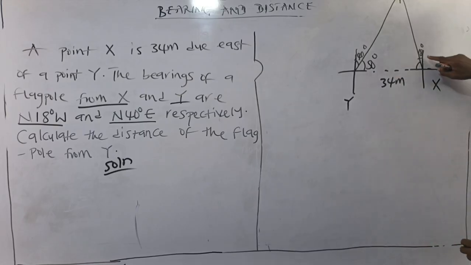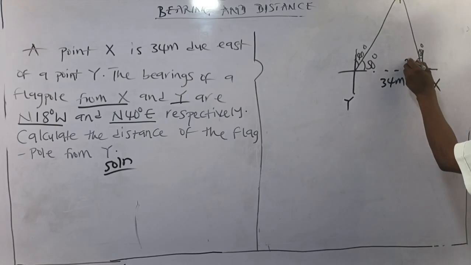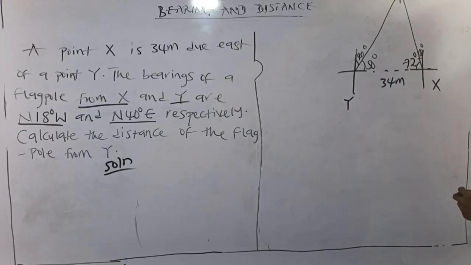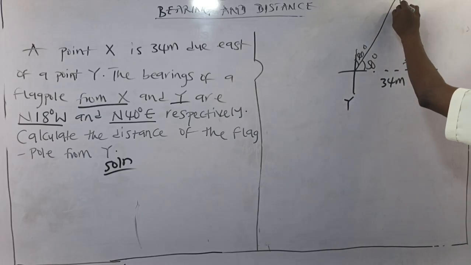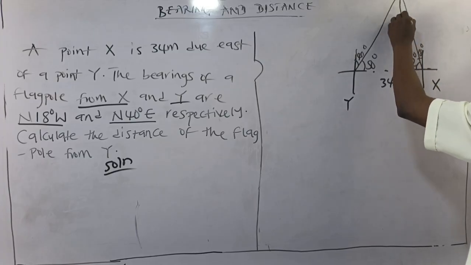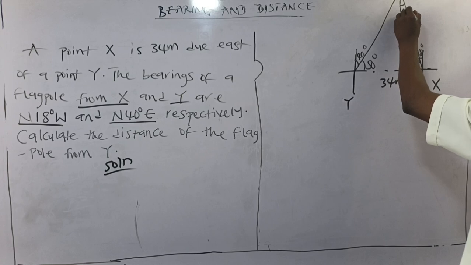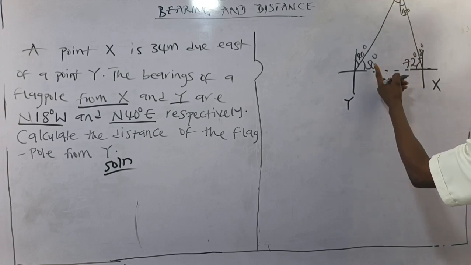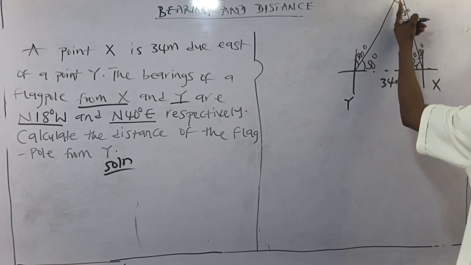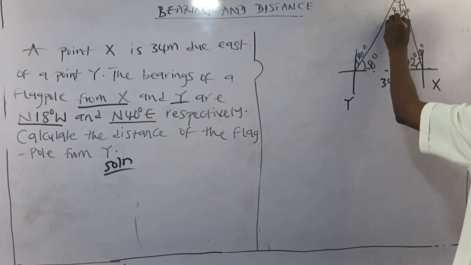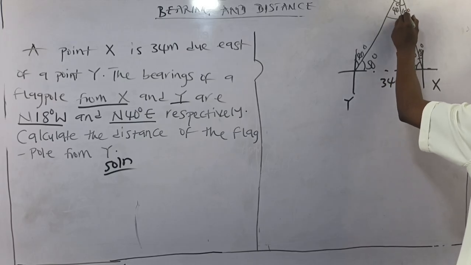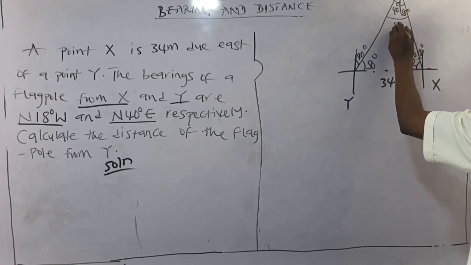And I'll have 90 minus 18 to have this, which should give me 72 degree. If I've gotten two angles, that simply means I can get the third angle, because this is an alternate angle. So this should be 18 degree, and if this is 40, then here should be 40 degree also.